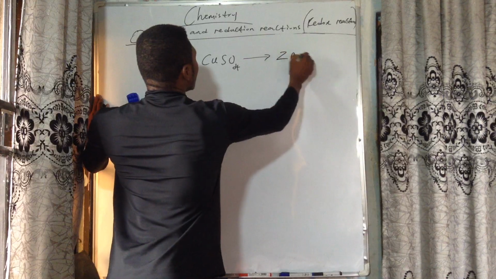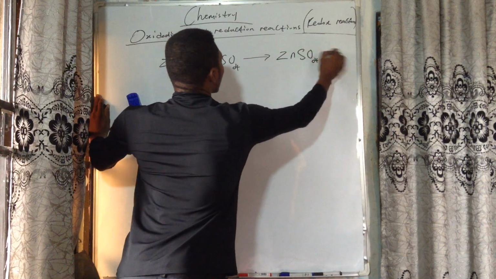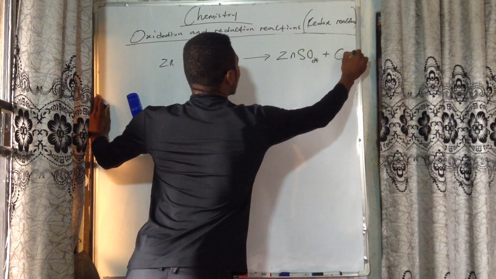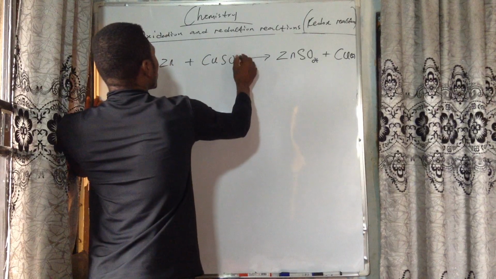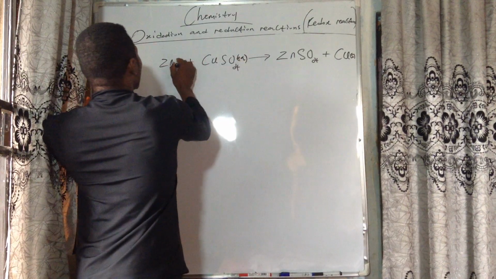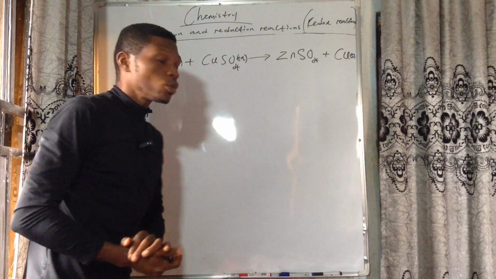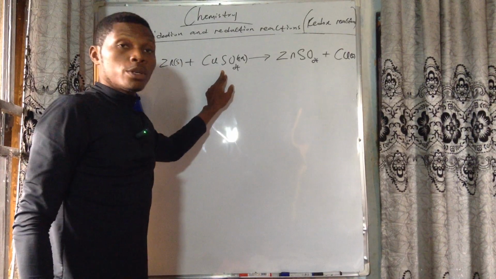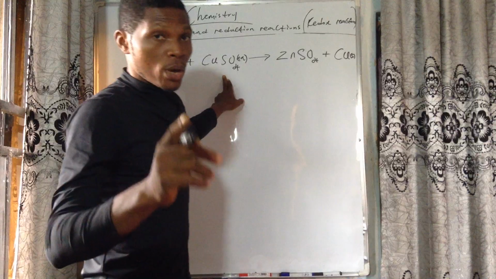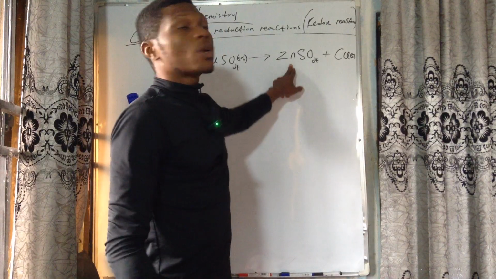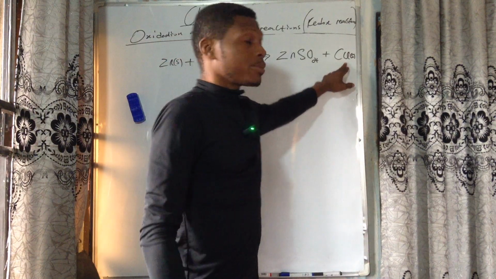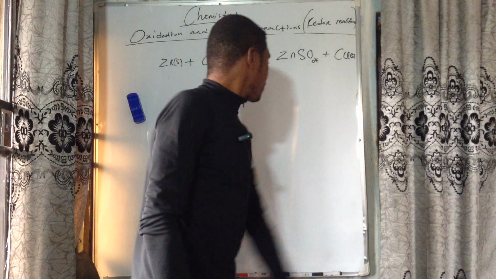It will now form ZnSO4 plus what? Cu, solid copper. This is aqueous, this is solid. When you put zinc in copper(II) sulfate solution, this solution is blue in color. Remember the color of the copper(II) ion. So this one is colorless. This one is brown. You know the color of copper.